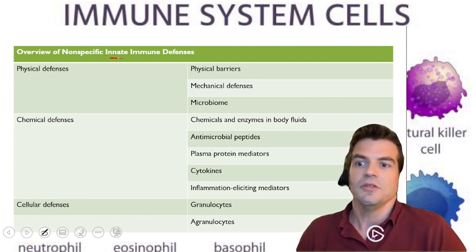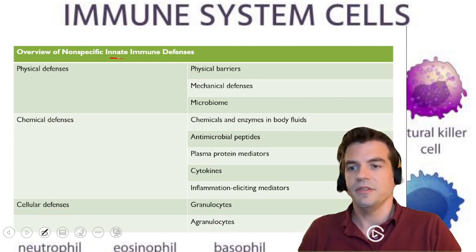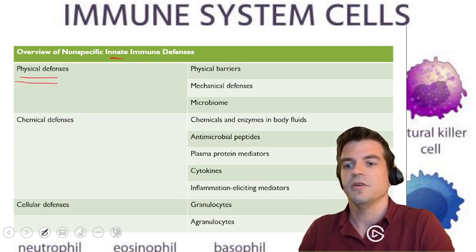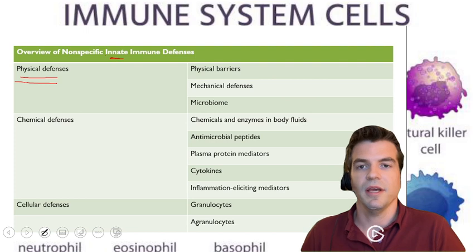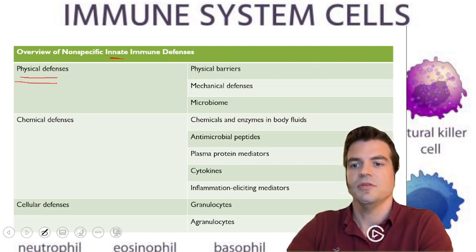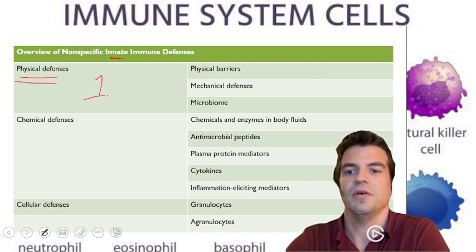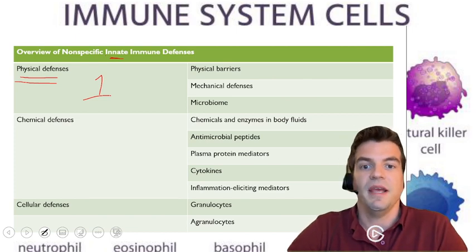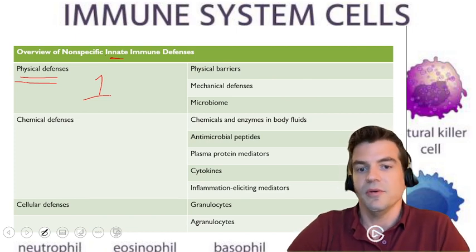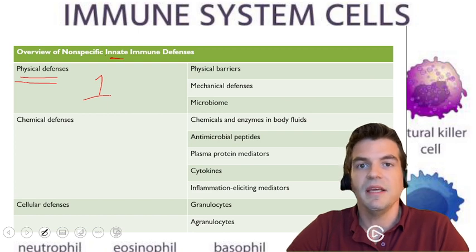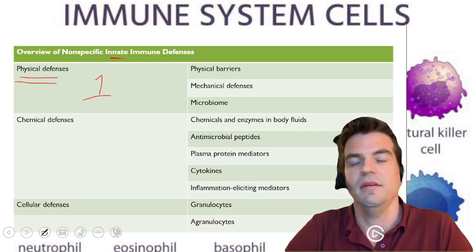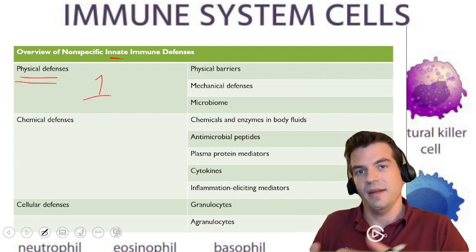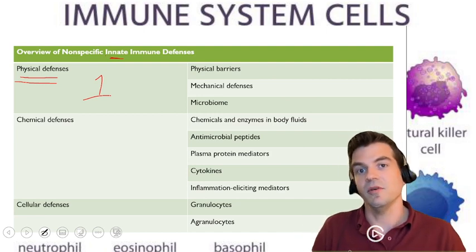So the physical defenses that we mention are our first line of defense. The physical defenses involve physical barriers and mechanical barriers. These can be fluids, and the fluids can contain some chemicals as well.